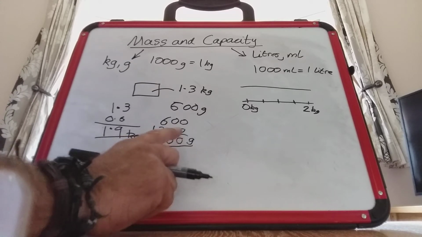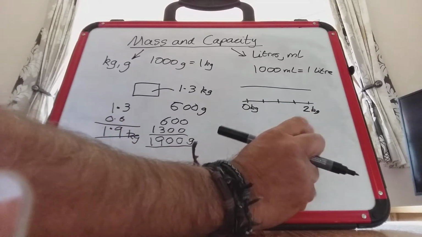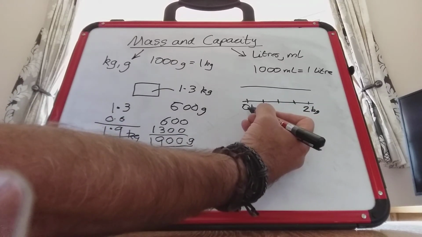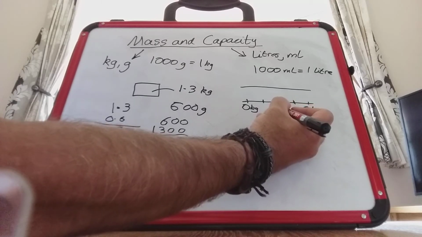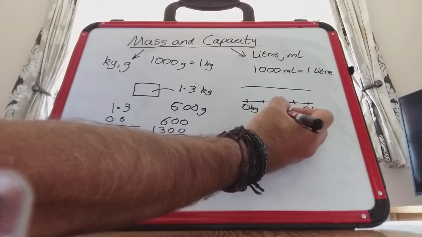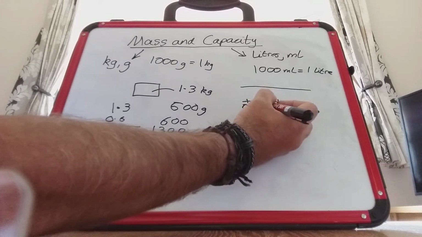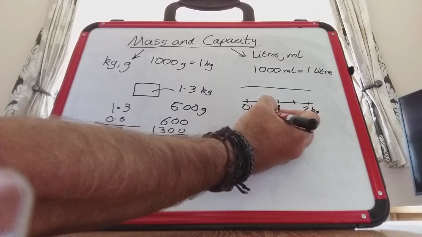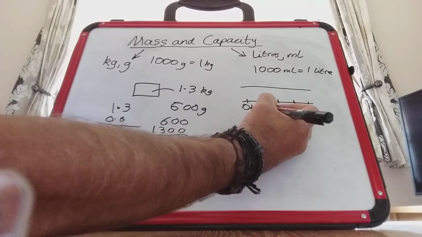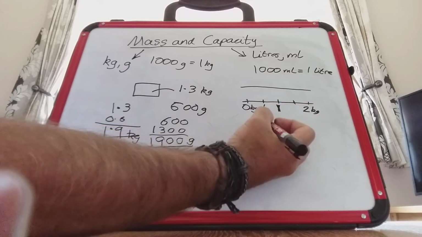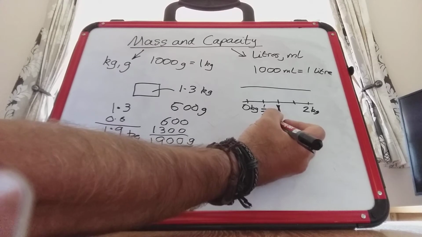Now the first thing to do is, if there are gaps in the scale, I would fill those in. So you've got 0 kilograms there and 2 kilograms there, so exactly halfway is going to be 1. So that's 1 kilogram just there. And then halfway between 0 and 1 is going to be half a kilogram, or if you want to, you can write it as 0.5.